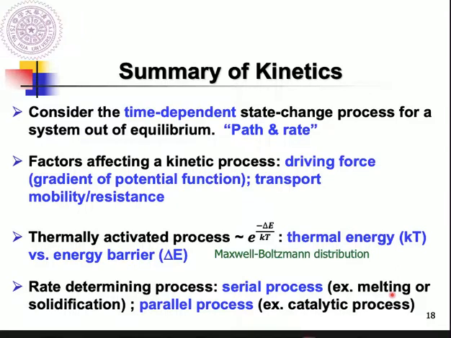Or your kinetics process may be a parallel process. For example, the catalyst process: if there's a chemical reaction with a certain energy barrier, then by adding the catalyst, we can provide another path with lower activation energy or a lower energy barrier to allow our reactant to be converted to our product.